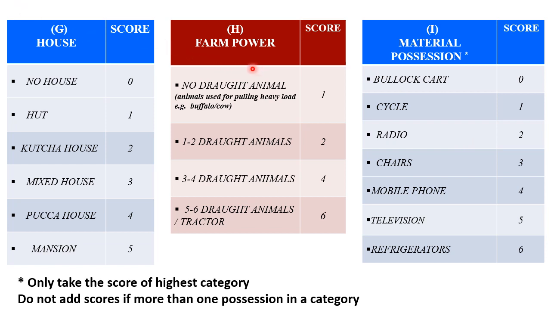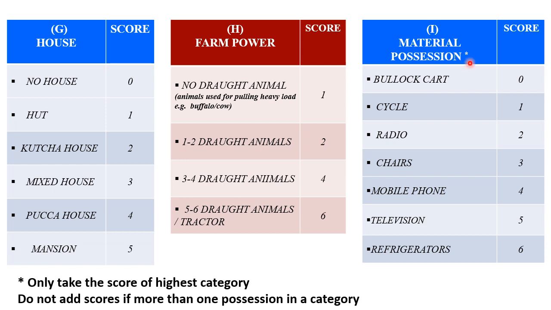Next category is farm power, like animals used for farming, the draught animals, animals used for pulling heavy loads, buffalo, etc. If one or two draught animals, the score is 2; 3 or 4, the score is 4. If 5 to 6 draught animals or a tractor is there, the score given is 6.